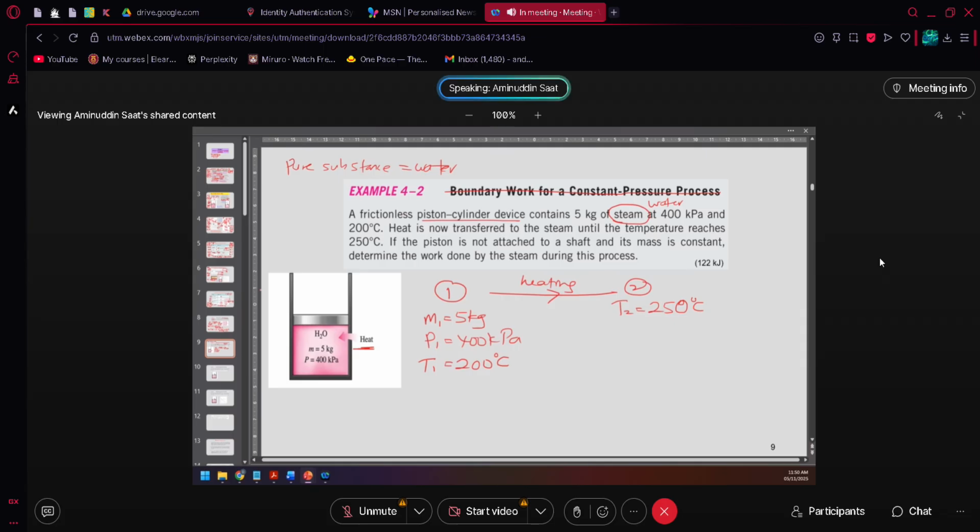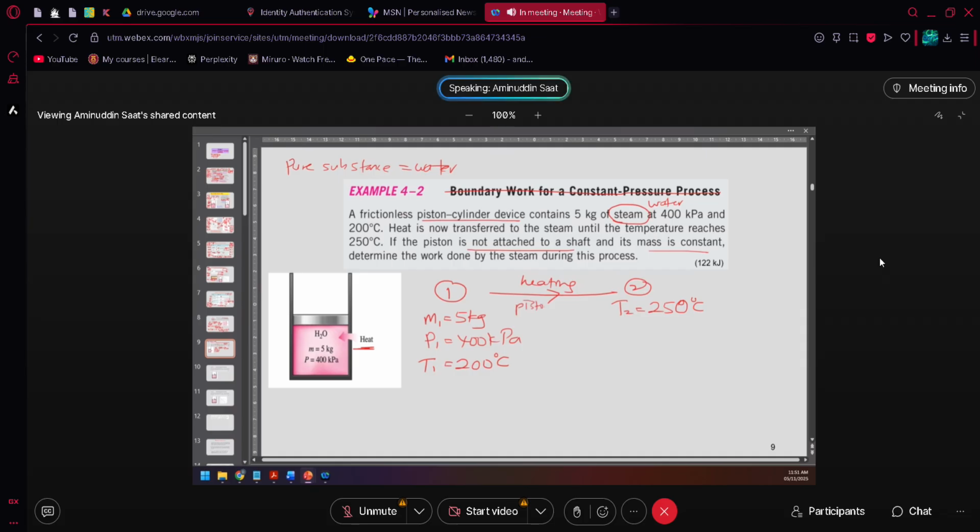That's why they state that the piston is not attached to a shaft, meaning the piston is freely moving. If the piston were attached to a shaft, it would be constrained to move upward or downward. And mass is constant.